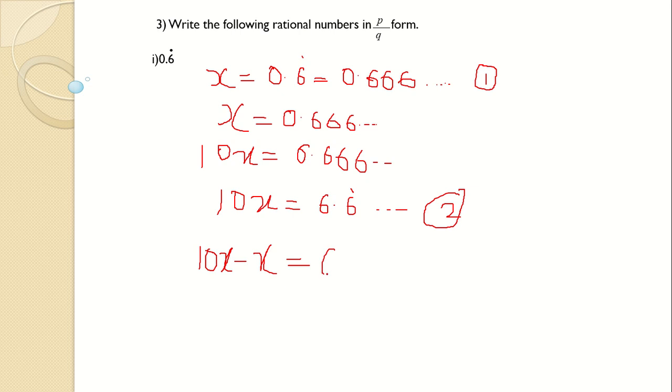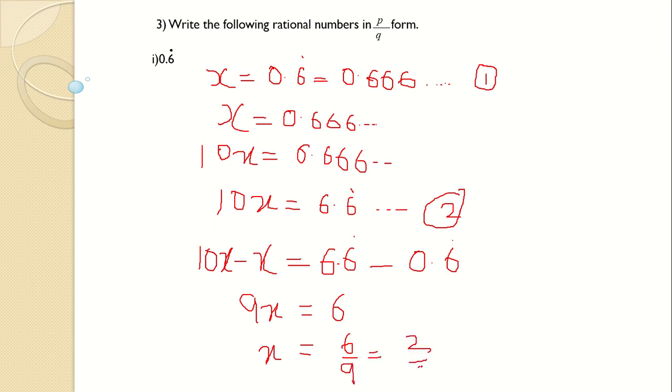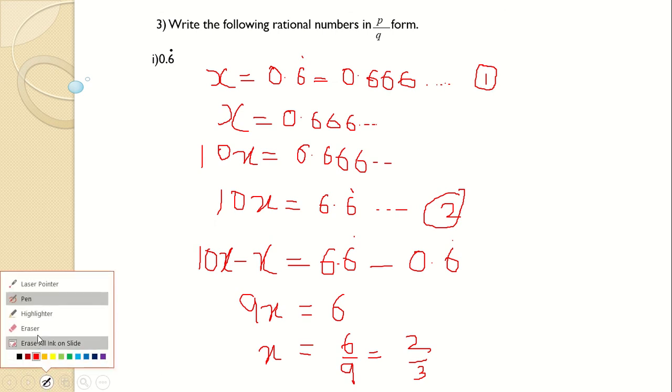And here I have 6.6 dot minus 0.6 dot. 10x minus x is 9x is equal to 6; the dots will go, and what remains is 6. So x is equal to 6 upon 9, which we can further divide by 3. 3 2s are 6 and 3 3s are 9. So it was in decimal form which we converted to fractional form, that is p by q form.